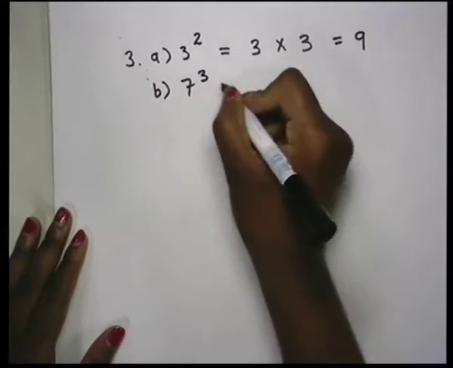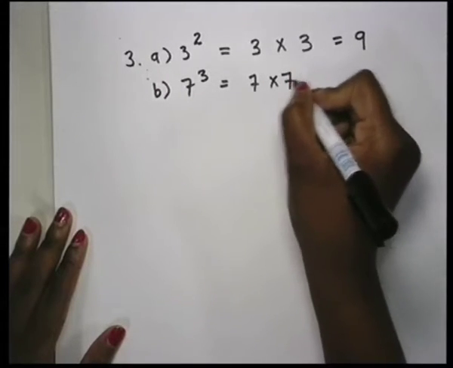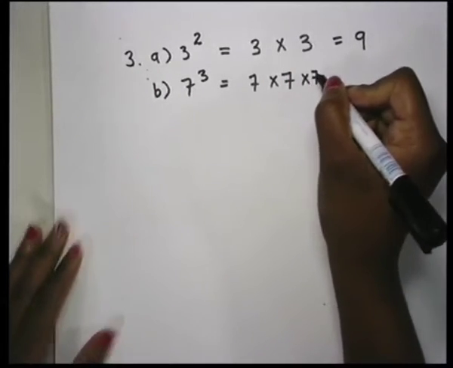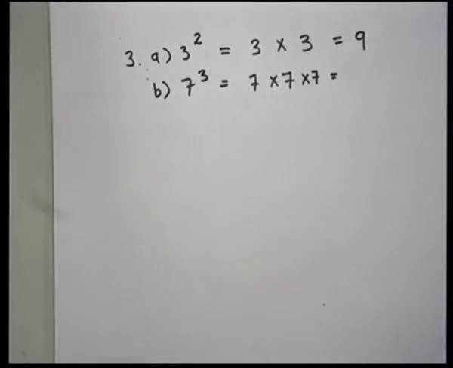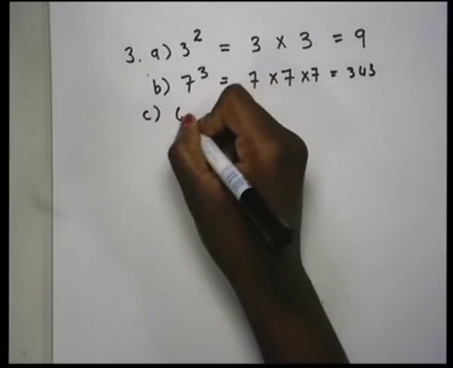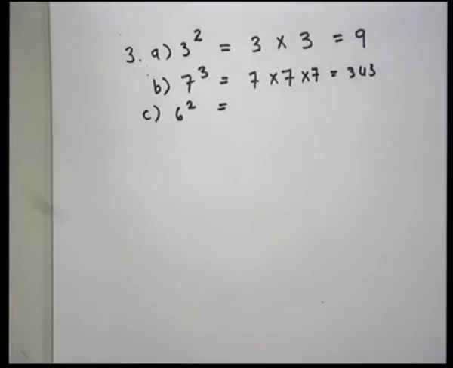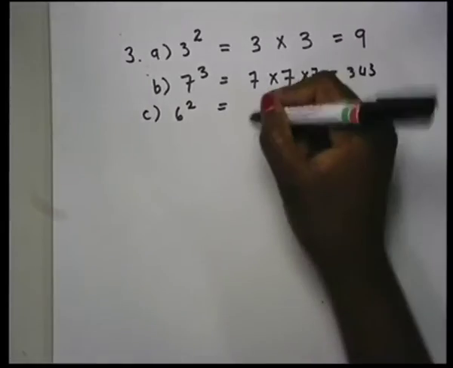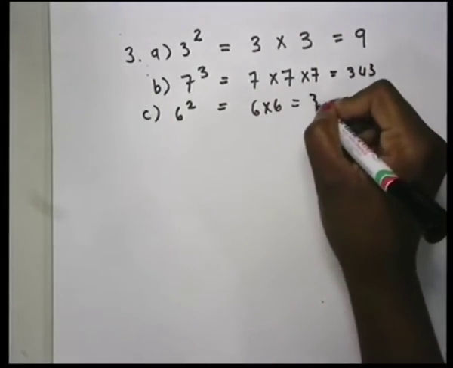7 to the power of 3 means 7 times 7 times 7. 7 times 7 times 7 is equal to 343. 6 to the power of 2 means 6 times 6. 6 times 6 is equal to 36.